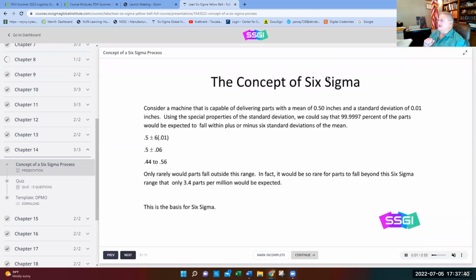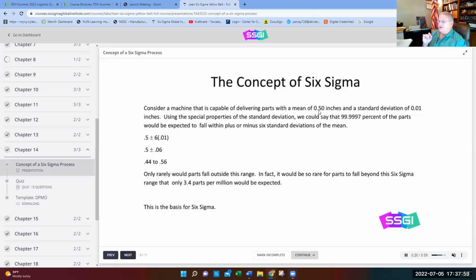And this is looking at delivering parts within a half inch of the standard deviation of 0.01. So if we've got, say, a bolt that is a half inch bolt, and it can only be used if it's only 0.01 off of that.